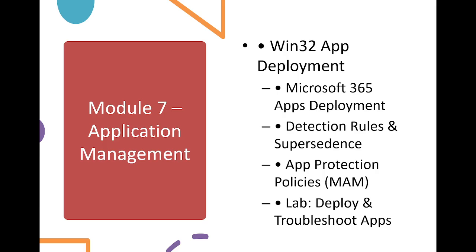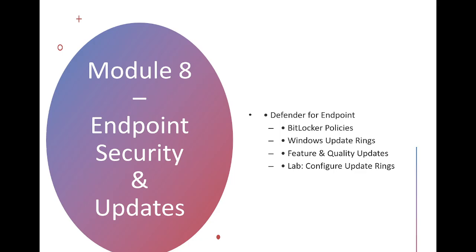Okay. So moving ahead with module 8, endpoint security and updates. If you are managing a kingdom, you would need security. For that, you will set up things so that your security is like this: this is the main gate.